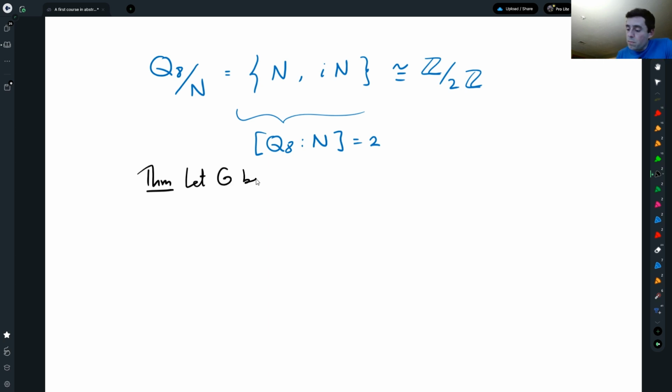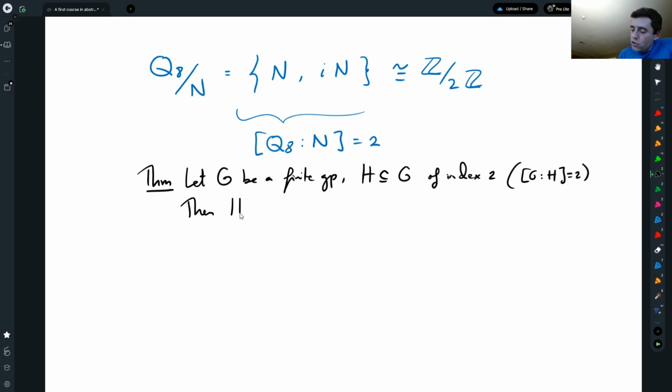So let G be a finite group, and H in G of index 2, so that the index of H in G is 2, then H is normal in G. Let me show you the proof.